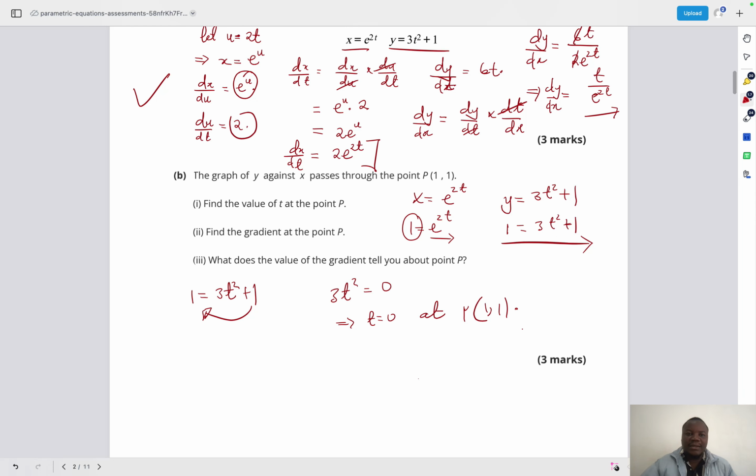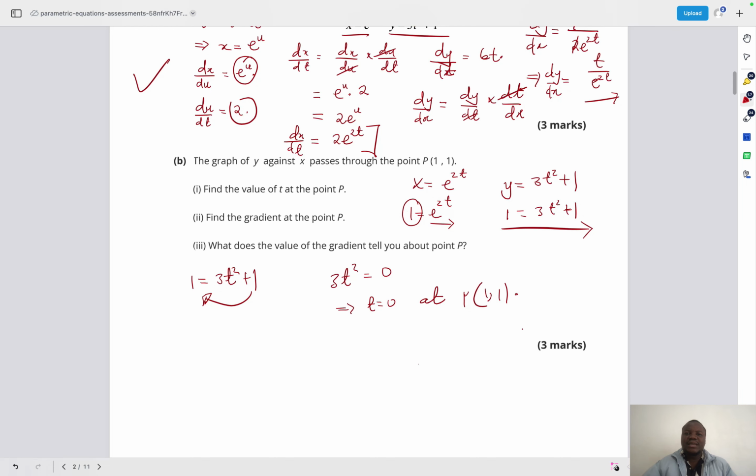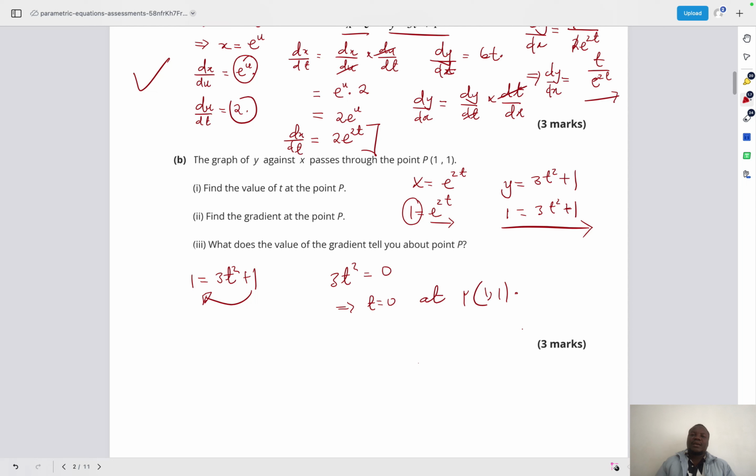And then they say find the gradient at the point P. Now, gradient is simply dy/dx at a given point. And we already have dy/dx, which we found in part a: dy/dx is equal to 3t over e^(2t).